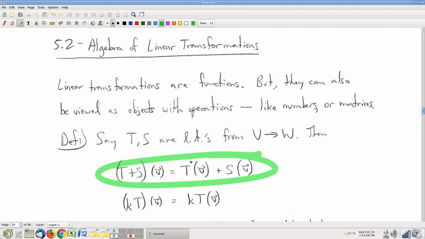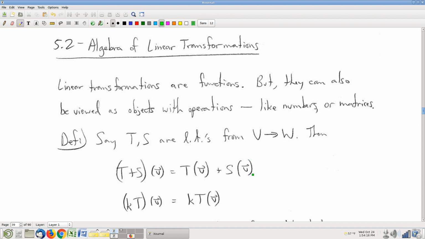This gives you an understanding of what this function is because there's a formula for how to compute it. Okay. Now, awkwardness about this equation. What's going on here? Don't forget, we're defining this symbol. We're defining what plus means. This is a brand new operation that we've never talked about before until today. What does it mean to add two linear transformations?